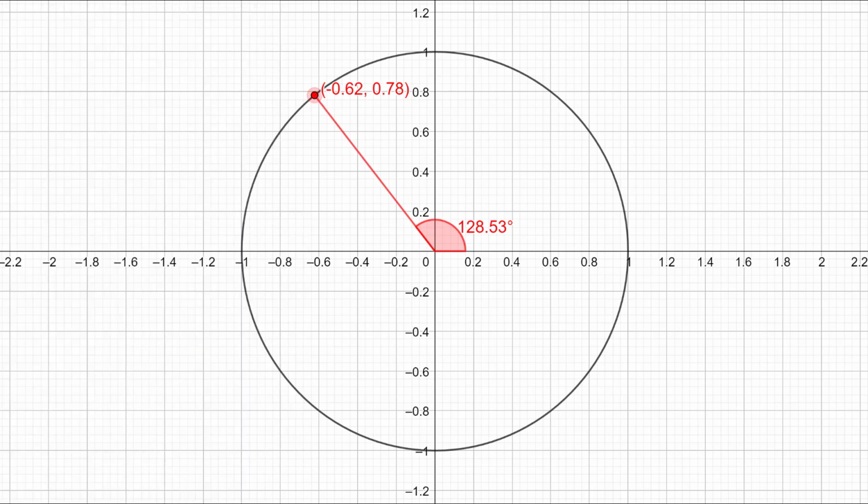And then we can continue, we can go around into the third quadrant where we'll see sine and cosine values are both negative. So in this case, sine of 221.03 is the x-coordinate, sorry, is the y-coordinate, so it's negative 0.66. Cosine of 221.03 is also negative 0.75.